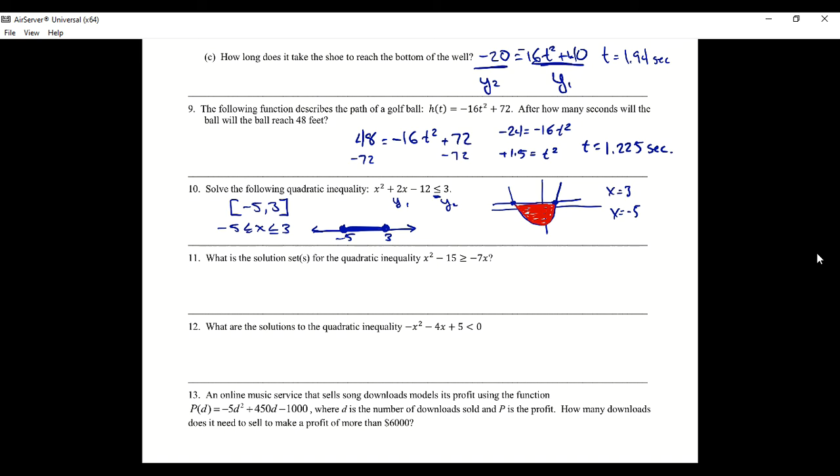Window, 75. There we go. Second trace, intersect, enter. So our first intersection is at x equals 1.72.